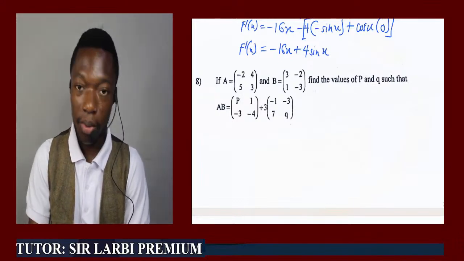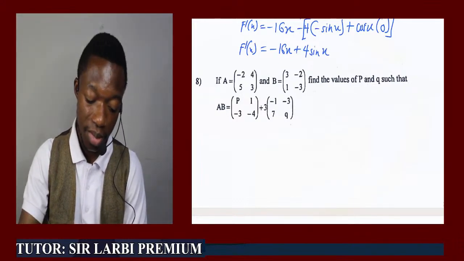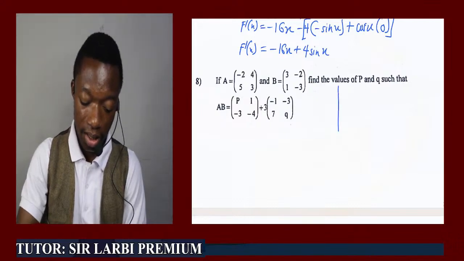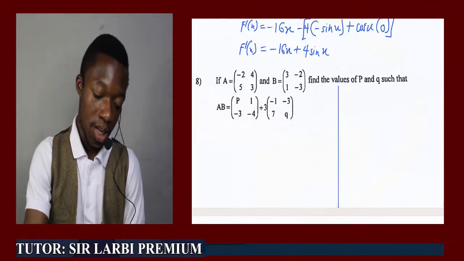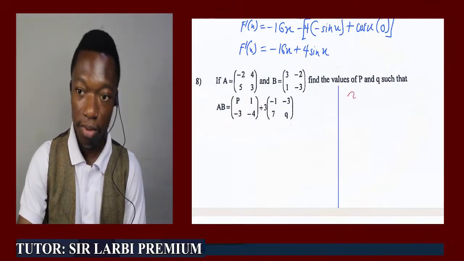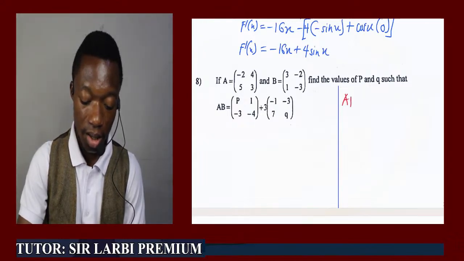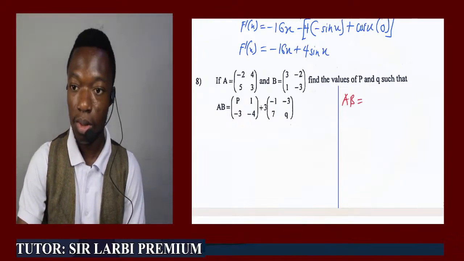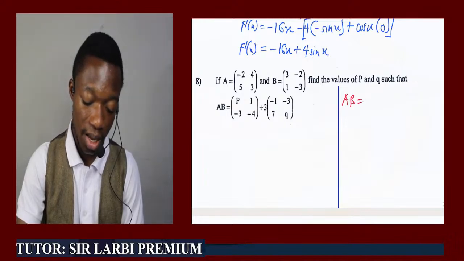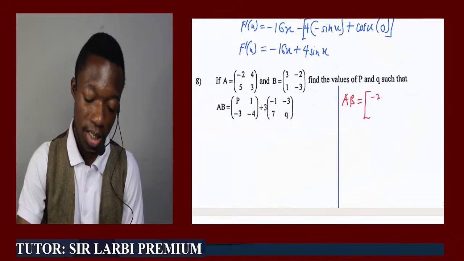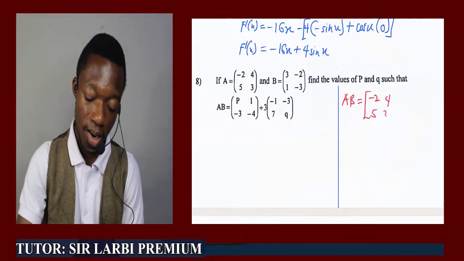Okay, so let's see how we go with the multiplication of AB. You just want to create a section for this. So we have A multiplying B to be equal to. So let's see what we have for A. A is negative 2, negative 2, 4, then we have here 5, 3.